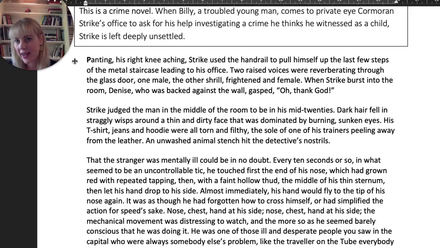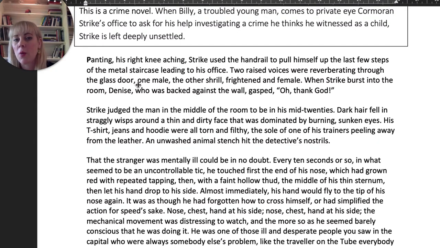Right, so let's check our text, and we can see that the major focus is on Strike's character right at the start, and the purpose of this is to make the reader inquisitive or fascinated by the coming events. It is alluded to that there has been some sort of conflict, and I would use the quote, "two raised voices were reverberating through the glass door."